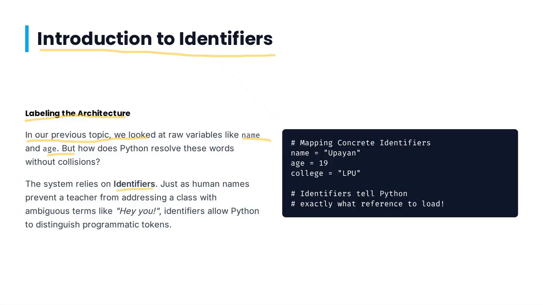Just as human names prevent a teacher from addressing a class with ambiguous terms like "hey you," identifiers allow Python to distinguish programmatic tokens such as name equal to Open, age equal to 19, college equal to LPU. These are the identifiers we are using to tell Python what we want to tell. Here identifiers tell Python exactly what reference to load.